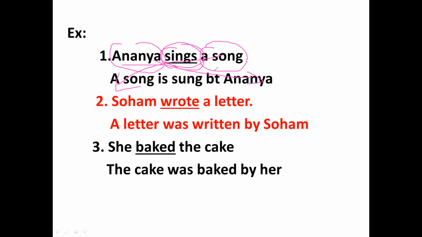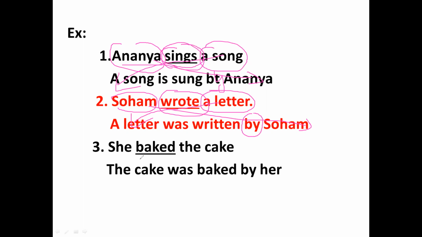Then we use the preposition by, Ananya. Second example, Soham wrote a letter. What is the subject? Soham. What is the verb? Wrote. A letter, object. So a letter becomes the subject, Soham becomes the object, and wrote is a past tense, so we use the be form was, and verb 3 written, and the preposition by.